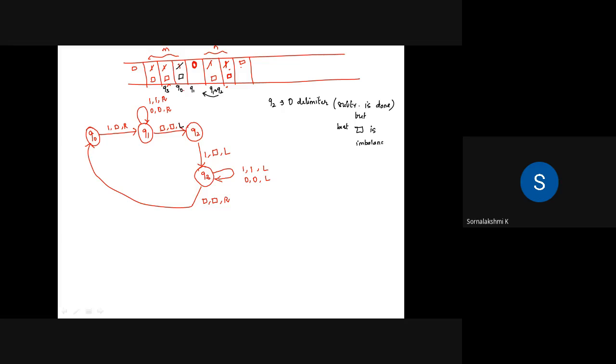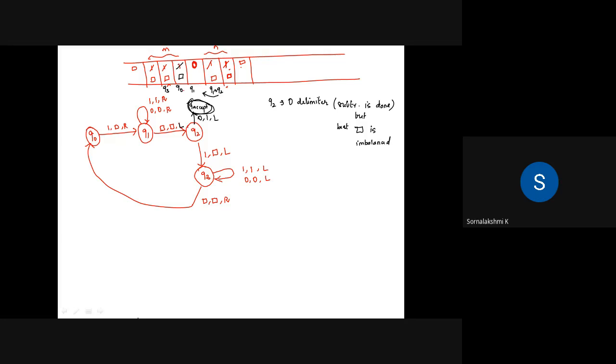So we are in this status now. What I'll do is Q2, on seeing a zero, just replaces that zero with one and moves left. Left or right, anything. And this will be the accepting state.